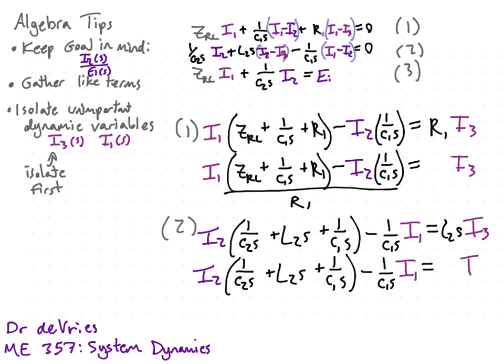With these two equations, we can combine them, set them equal, and that allows us to have everything in terms of just I1 and I2, and we'll be able to solve for I1 in terms of I2. Then replace it in that third equation.